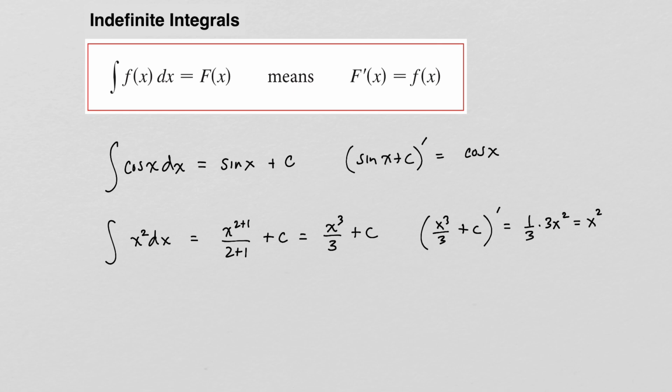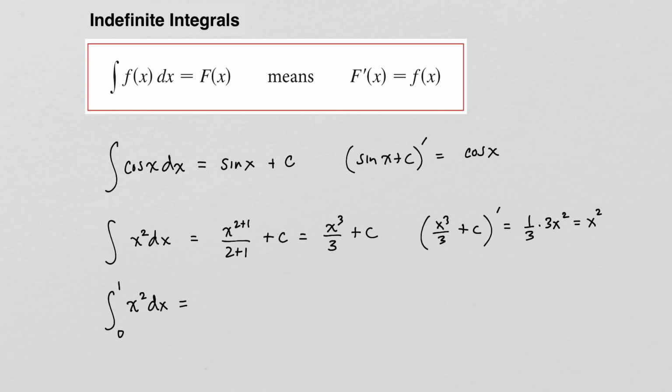And of course, this makes perfect sense because we know that for a definite integral, for example, the integral from 0 to 1 of x squared dx, this is the area under the curve x squared from 0 to 1.